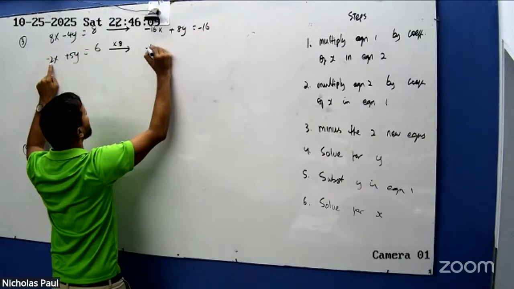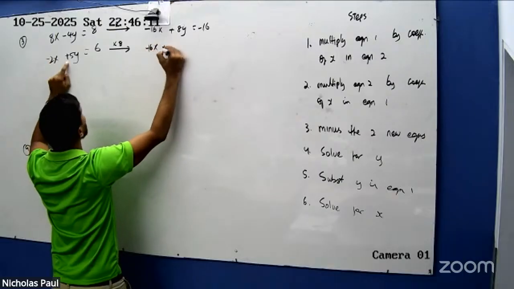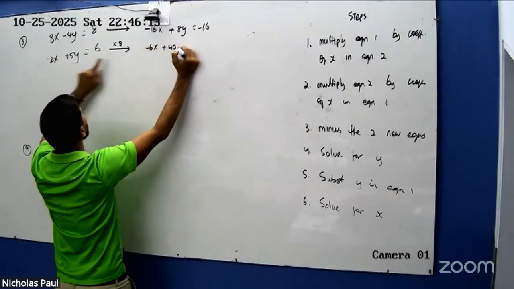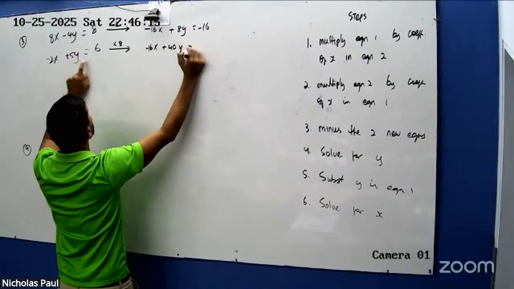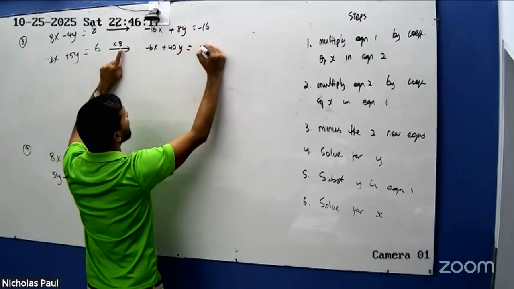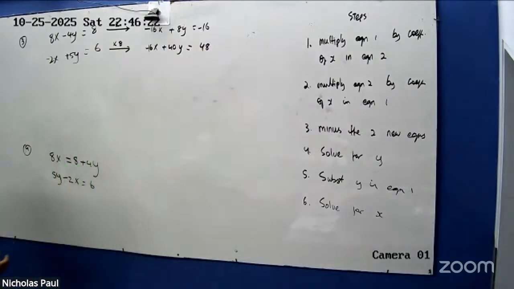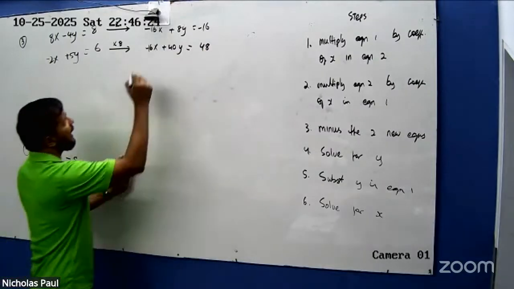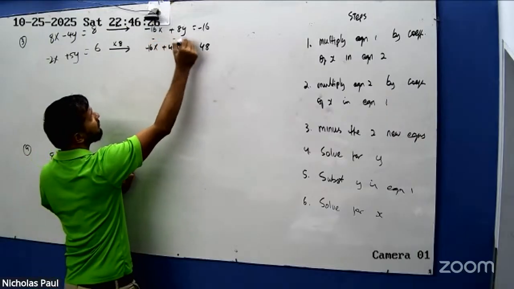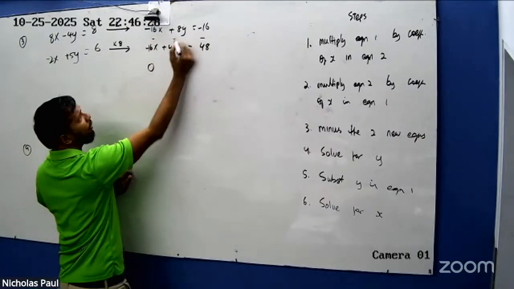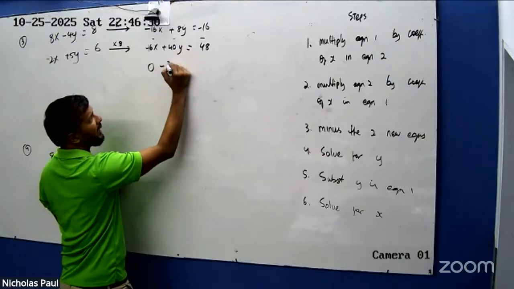I'll get minus 16x plus 40y, 8 by 5 is 40, right? Is equal to 6 by 8 is 48. And then we subtract. This will give us 0. This will give us minus 32.